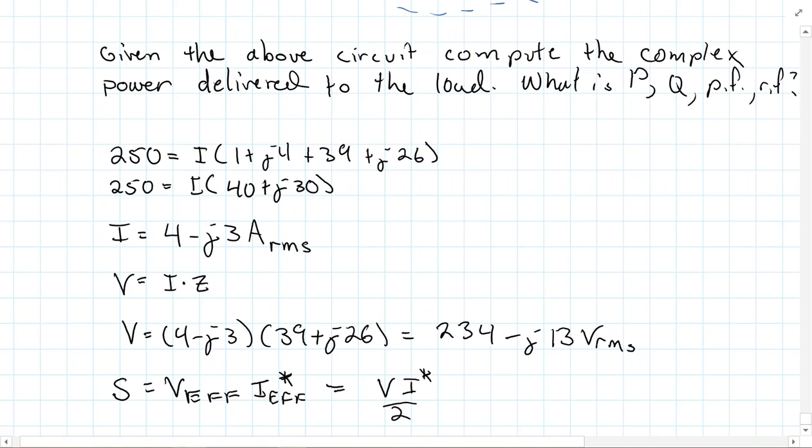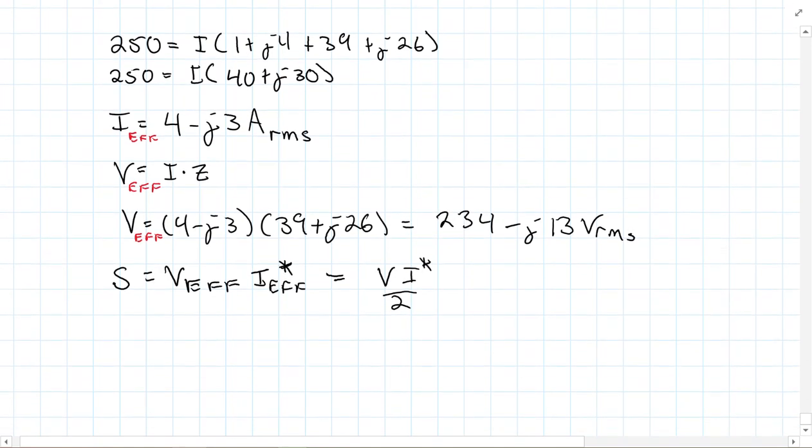So the question is, which of these have I found here? Are they effective voltages or non-effectives? Because they're RMS values, these are effective voltages and currents. So maybe we want to get in the habit of always writing down what kind of voltage or current you have.